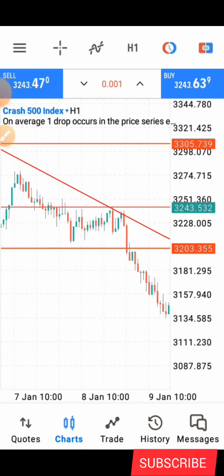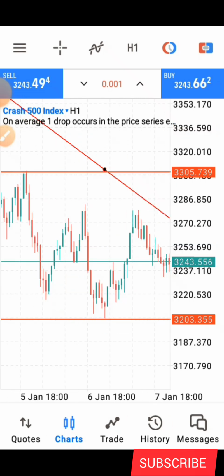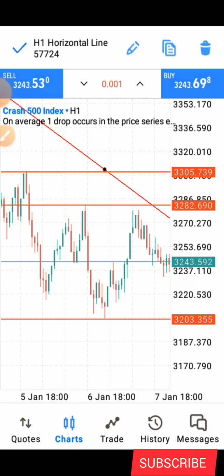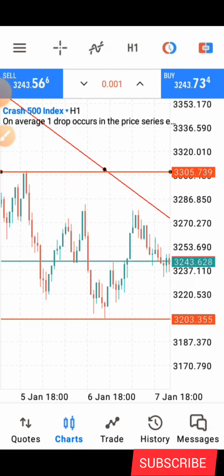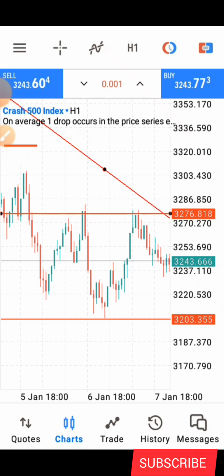Alright, and also there is another support and resistance zone over here too. Right, so I'm just going to delete this one, so let's make use of the current one right now, which is this one right here.